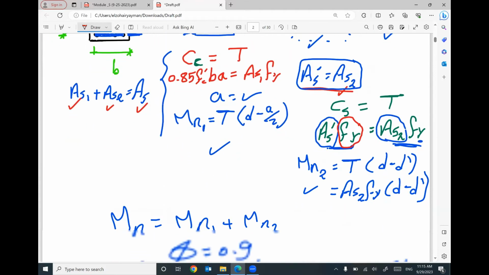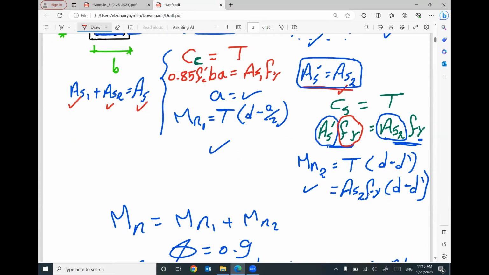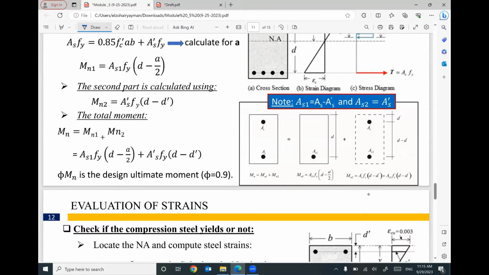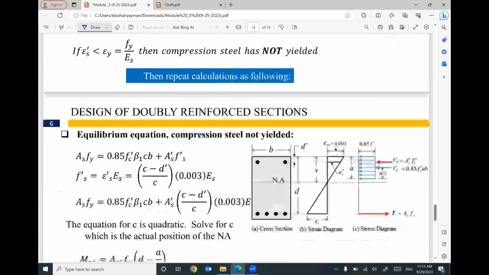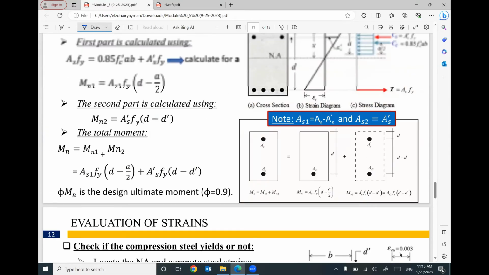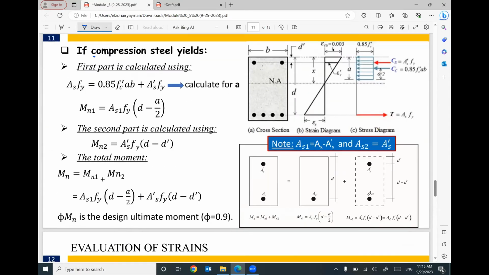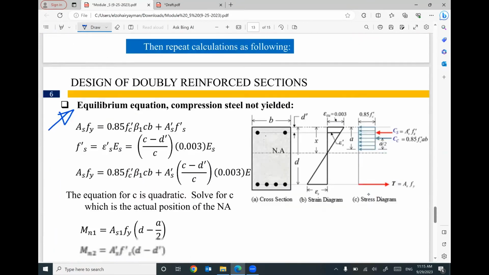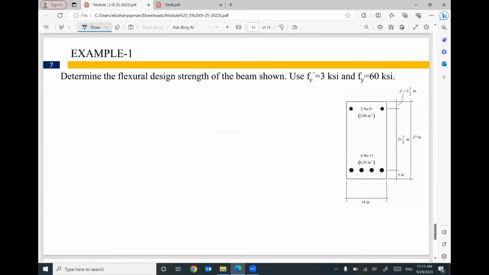If it's not true, unfortunately, I need to repeat all of these calculations and follow another technique, which is this one. So first of all, I'm assuming the compression steel reinforcement yielded. Then I did my calculation. Then I will check. Let's do an example, and I will show you how to do this check.